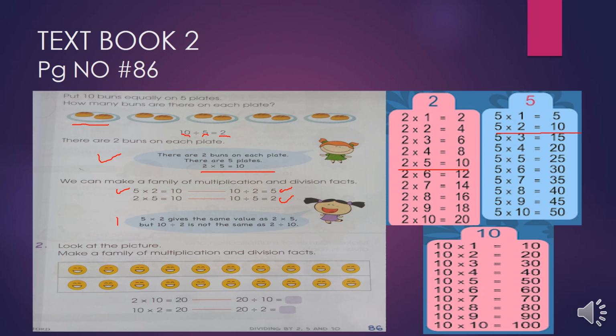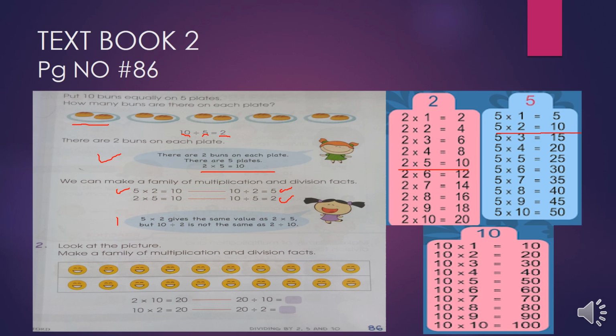This is the very important thing written here. 5 multiplied by 2 gives you the same value as 2 multiplied by 5, as it gives you the same answer, so they are the same.